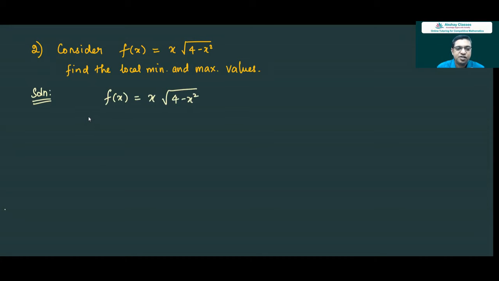So differentiating. When we differentiate, we differentiate the first function, keeping the second constant. So the derivative of x is 1, plus, keeping the first function as constant, differentiating the second. It's 1 by 2 under root 4 minus x squared, into the derivative of the expression within the root by chain rule, minus 2x.